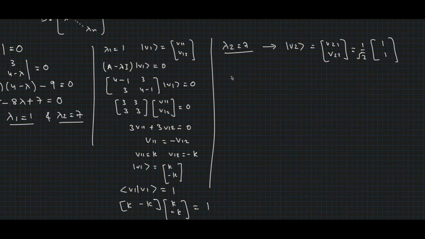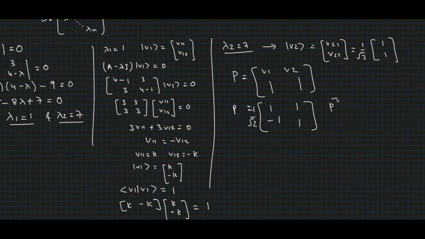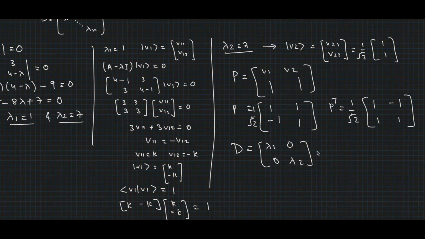So we can write matrix P, which is equal to [v1 v2], as 1 by root 2 times [1, 1; minus 1, 1], and P dagger equal to 1 by root 2 times [1, minus 1; 1, 1]. Also the diagonal matrix D equal to [lambda 1, 0; 0, lambda 2], which would be equal to [1, 0; 0, 7].